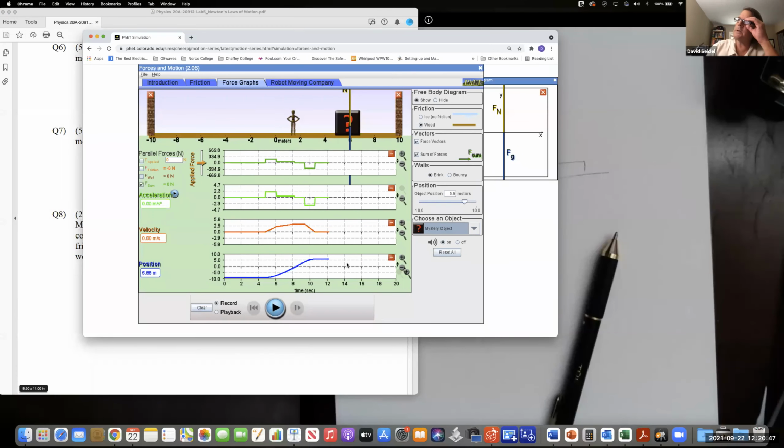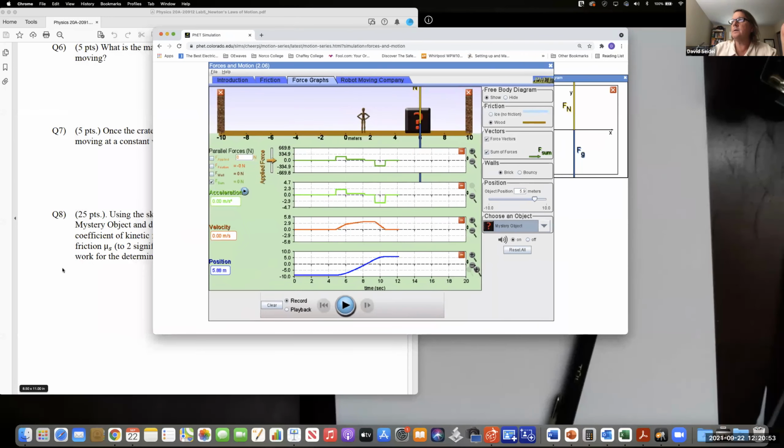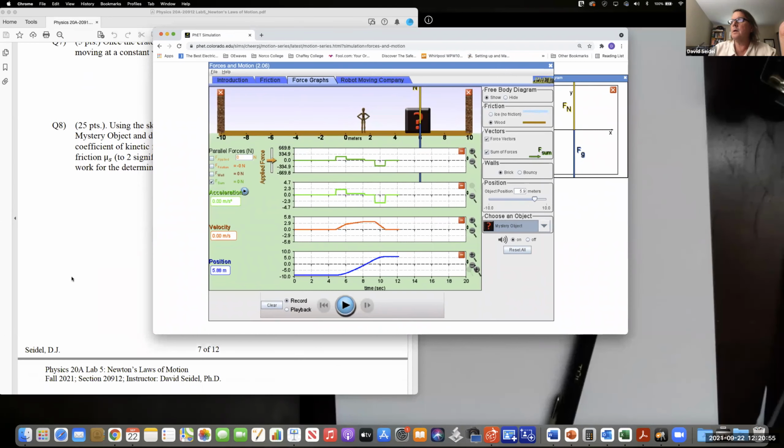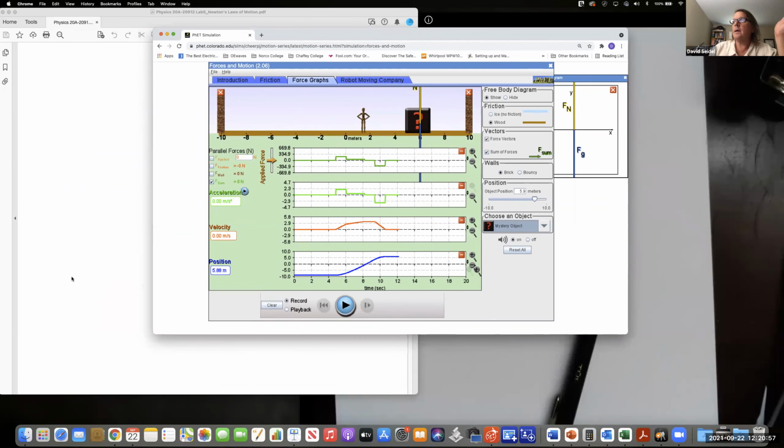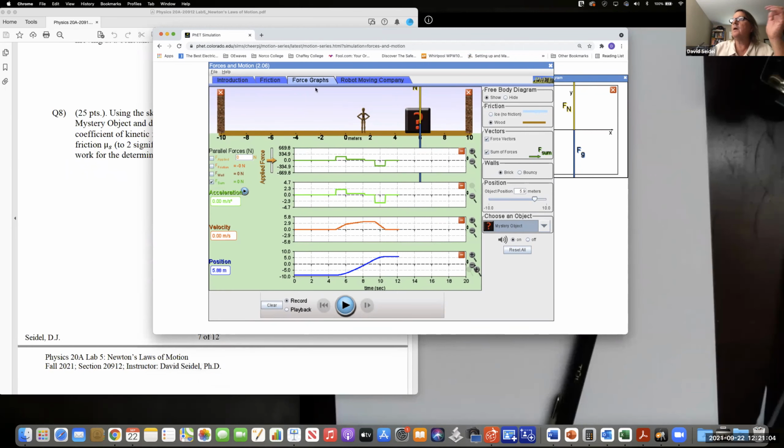I have a mystery object, and I ask you to find the mass, the coefficient of kinetic friction, and the coefficient of static friction.